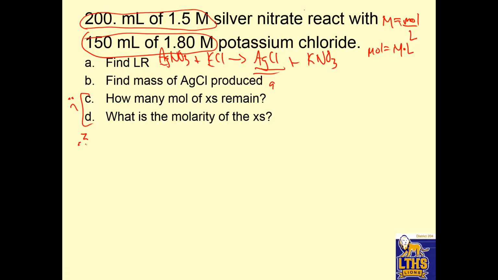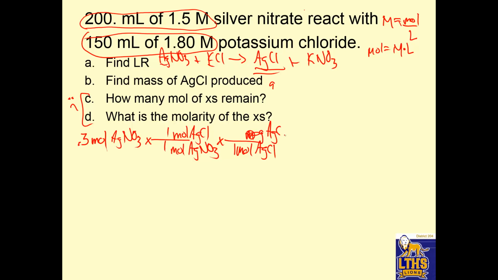So I do remember, hopefully you wrote it down, 0.3 moles of AgNO3 times dividing bar, moles of AgNO3, moles of AgCl. That's 1 over 1 times dividing bar, 1 mole AgCl. And, not moles, grams of AgCl.